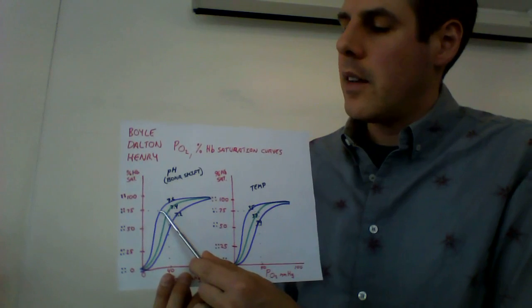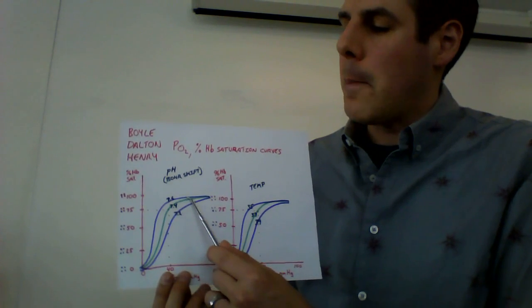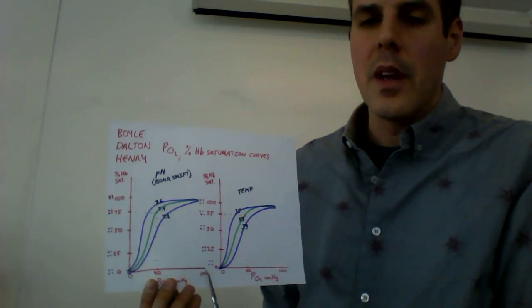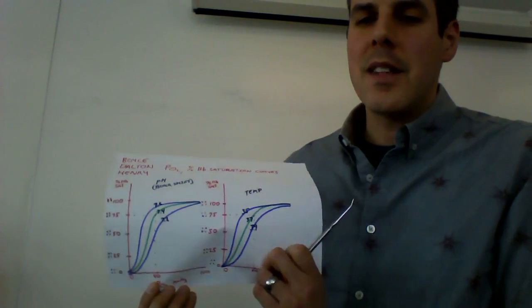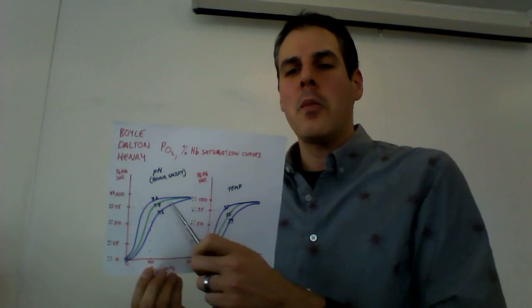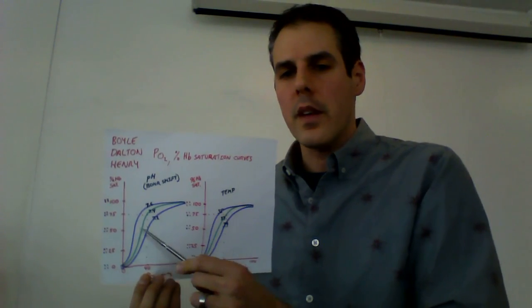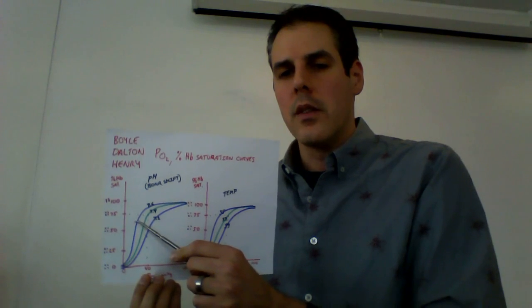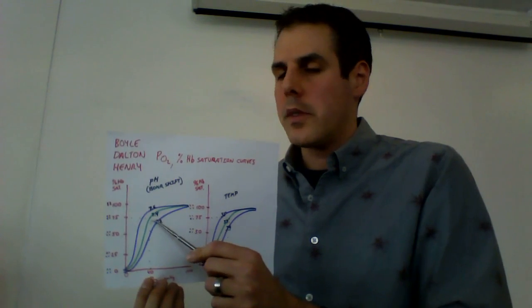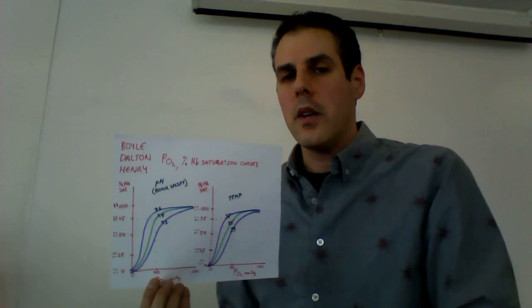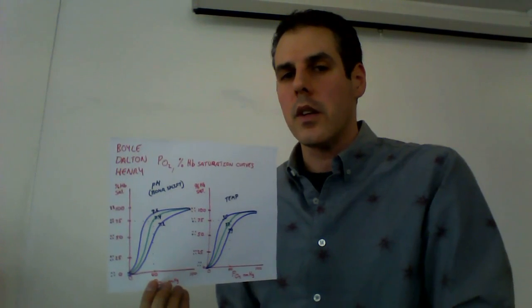When you do that, then it's going to be more saturated at any given PO2. That means that hemoglobin is going to be way more stingy. So if we shift this curve to the left, we change the pH, hemoglobin is going to be a lot more stingy with the oxygen and not deliver it to the tissues. This is why you pass out if you start hyperventilating.